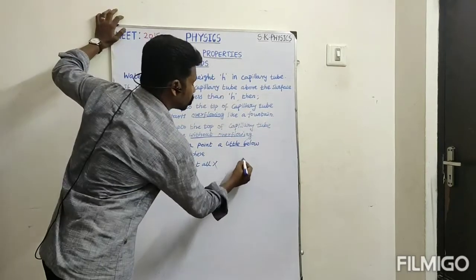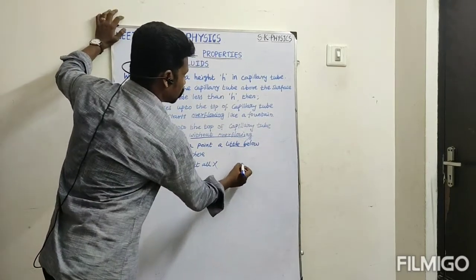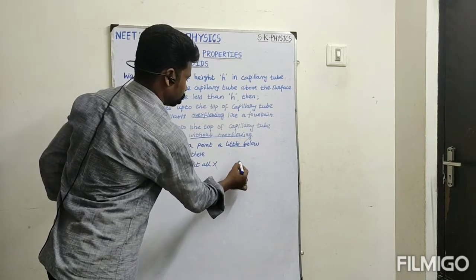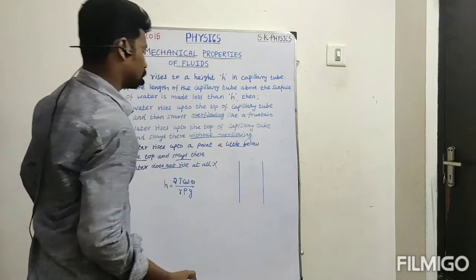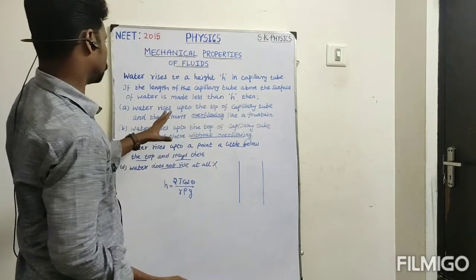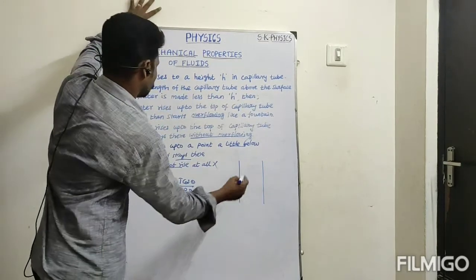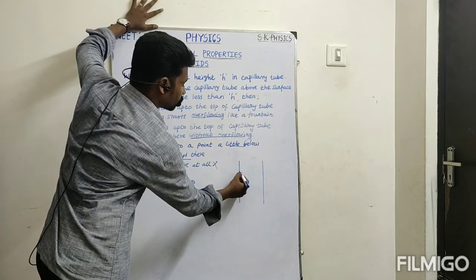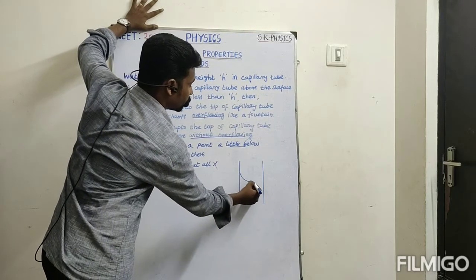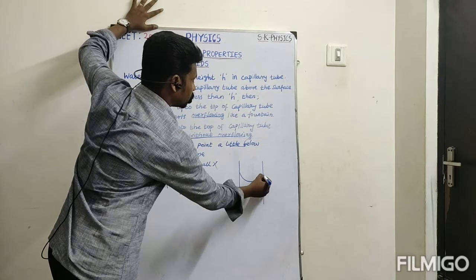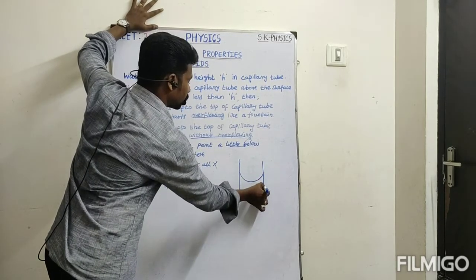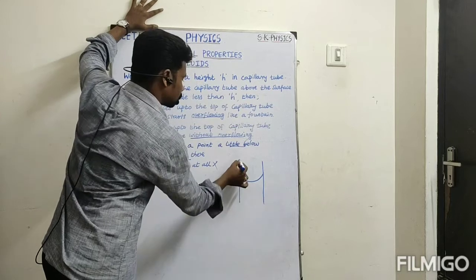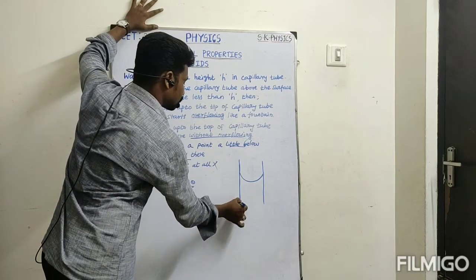So we know that it is that capillary tube. Now you know that it is a meniscus liquid. Actually this is the topic of capillary action, insufficient length of the capillary tube.